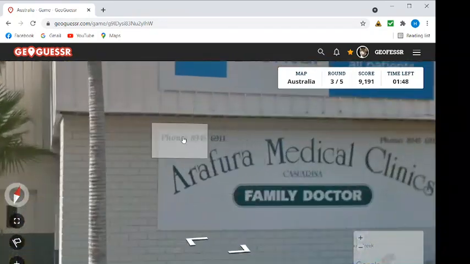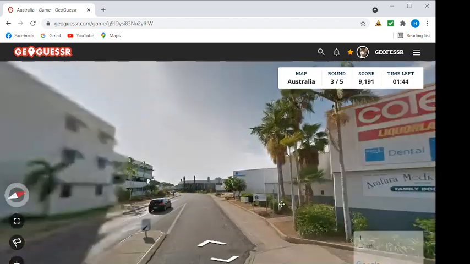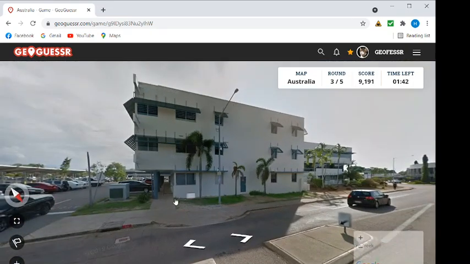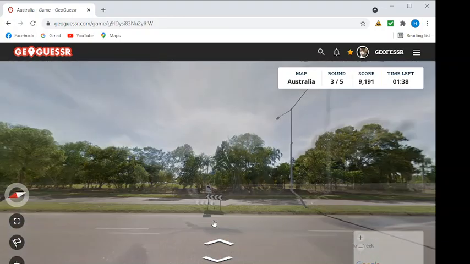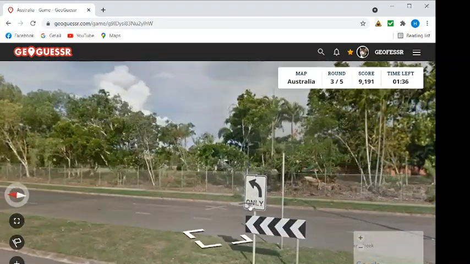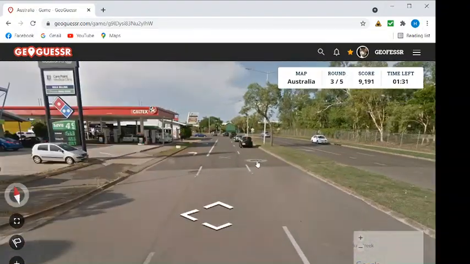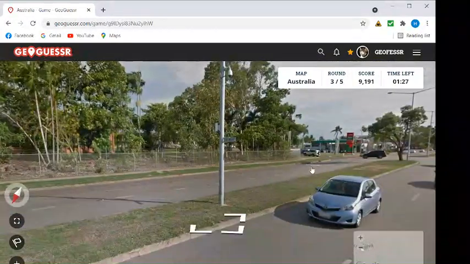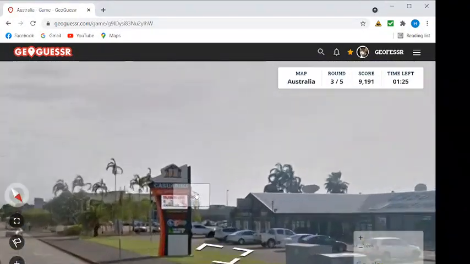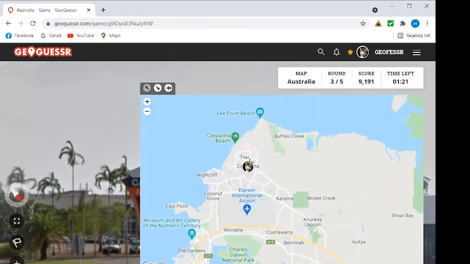By the way, there again, phone numbers with no area code, because you would know in general from where you are what that is. So I think there is essentially no content on phone numbers in Australia. Yeah, Australia has these kind of chevrons. That's another characteristic. We have Casuarina All Sports Club.